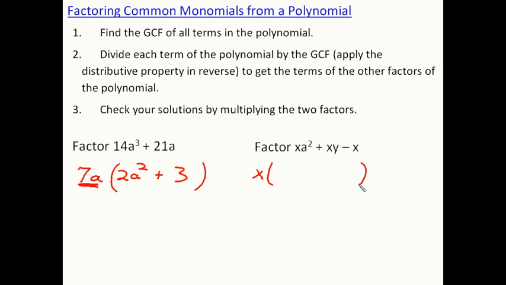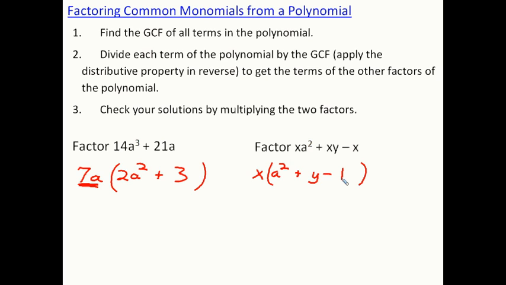So x times a squared divided by x gives me a squared. Plus xy divided by x is just y. And then minus x divided by x is 1. I see a lot of mistakes here. If there was an x here, some people just think it's 0, but x divided by x is 1.